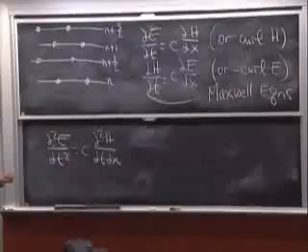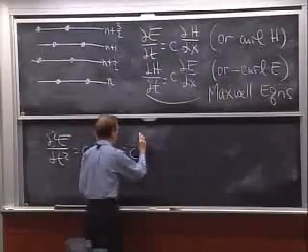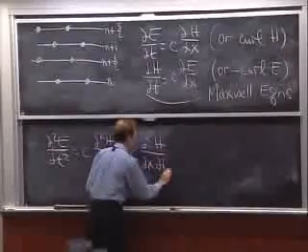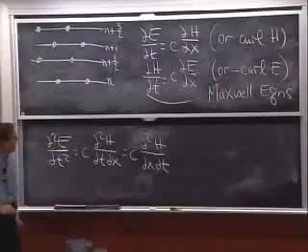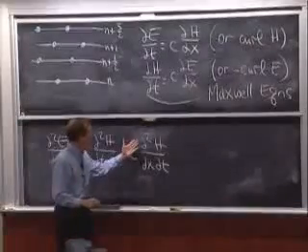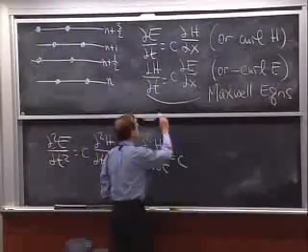But by the extremely useful fact that this is the same as taking the t derivative first and the x derivative second, now I have the x derivative of this equation, so this is c.